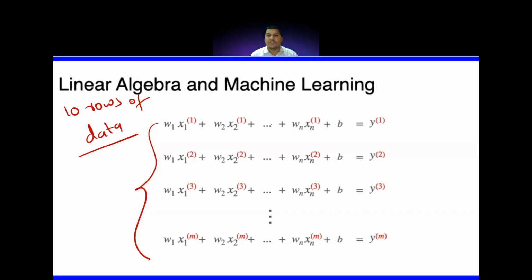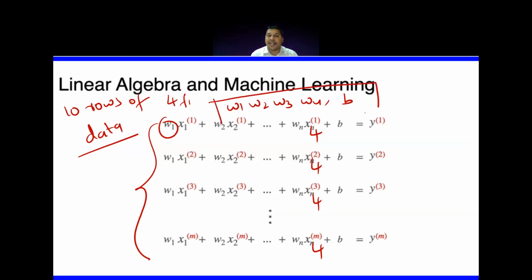Assume there are only 4 features, F1, F2, F3, and this will be x4. So when you have 10 rows of data, you will have 10 such equations. If you solve these 10 equations, you can find out the values of W1, W2, W3, W4, and B.